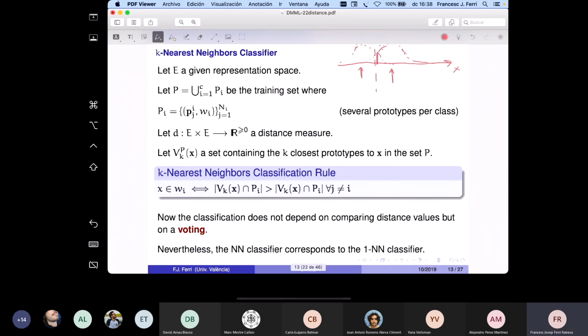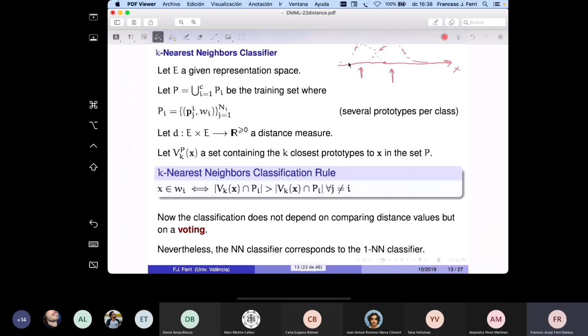Yes. Okay. Now imagine what would happen if we use the nearest neighbor classifier. Well, the nearest neighbor classifier uses several prototypes.